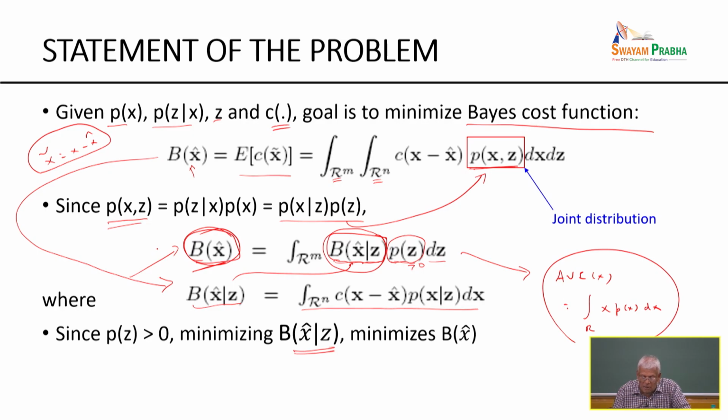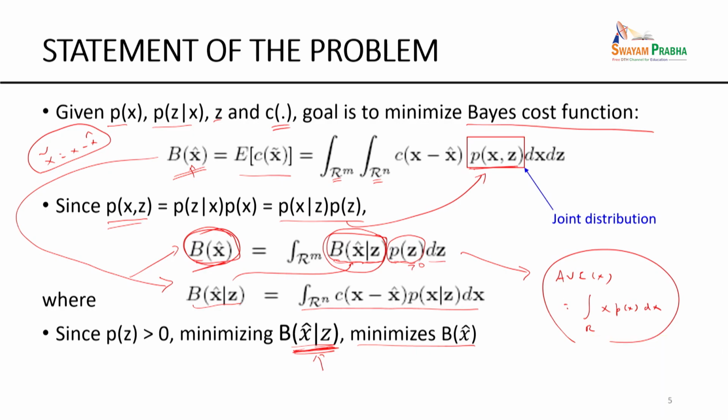Therefore, I reduce the problem of minimizing the Bayesian cost function to one of minimizing this conditional Bayes cost function. So what is this? Let us say it in words. This is the Bayesian cost of the estimate x hat given the observation. So minimizing this quantity minimizes the whole quantity. My aim is to be able to minimize the whole quantity. So I am simplifying the problem by analyzing the structure of the Bayes cost function.